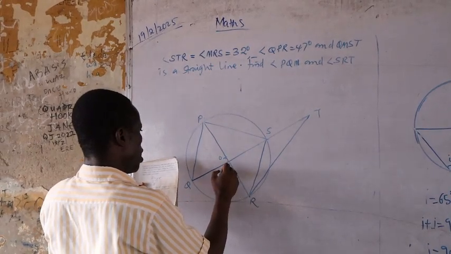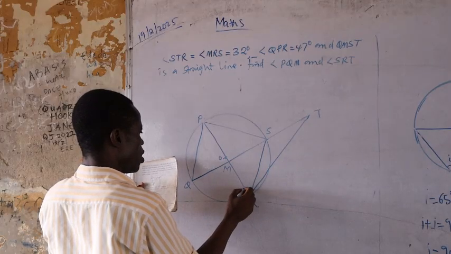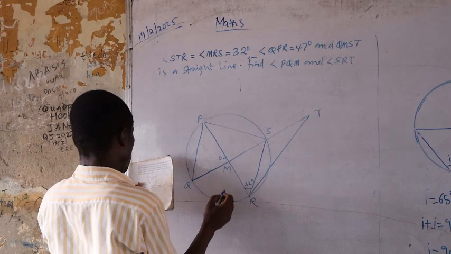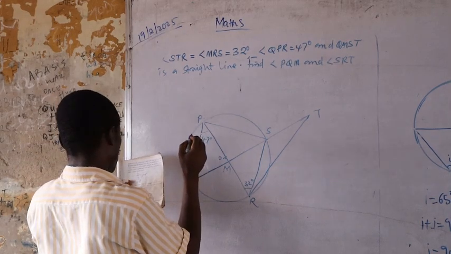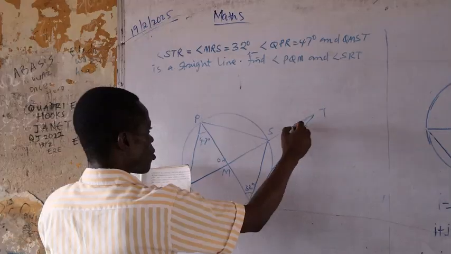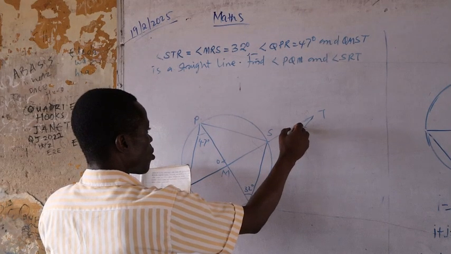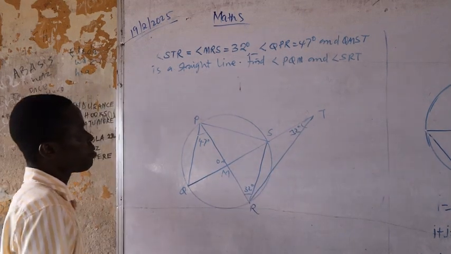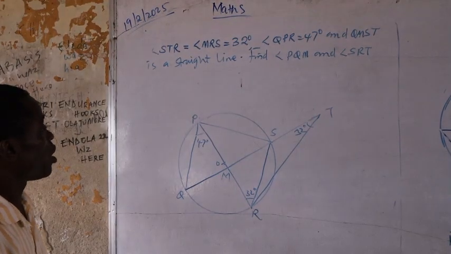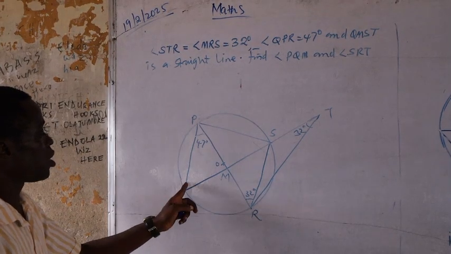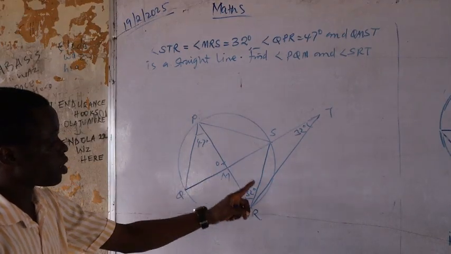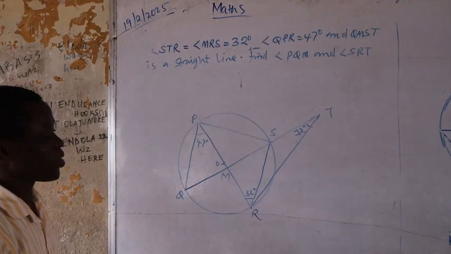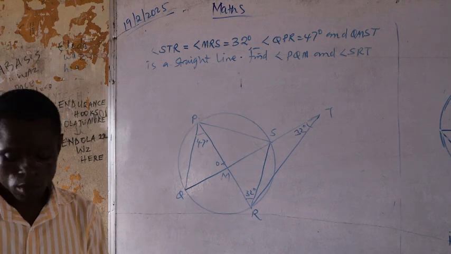There's a point here, M. This is 32. This is 32. This is 47. And this is 32. So this is the diagram. You are looking for PQM. This is the angle. Then you are looking for SRT. So that is what we are looking for in the question.